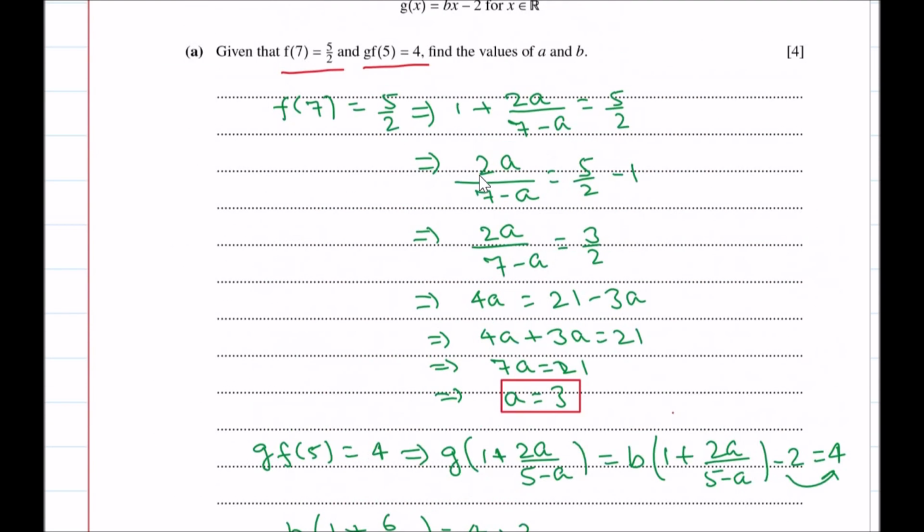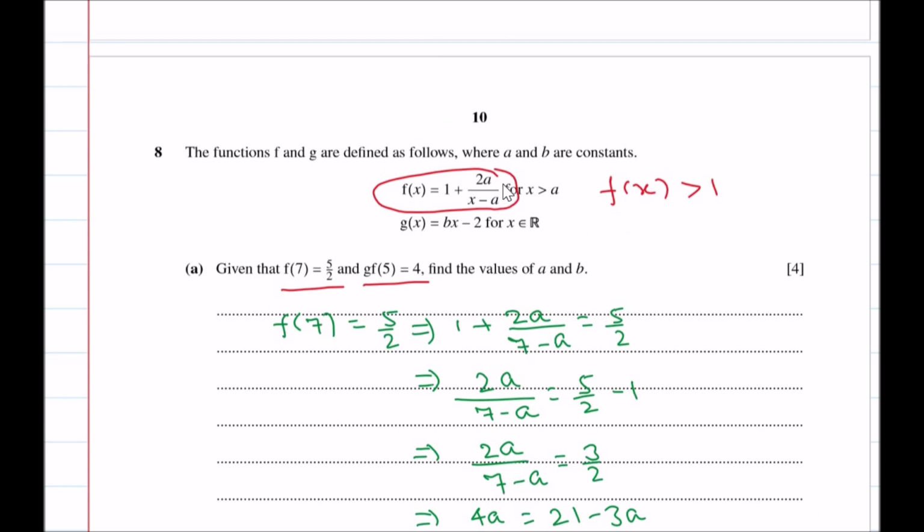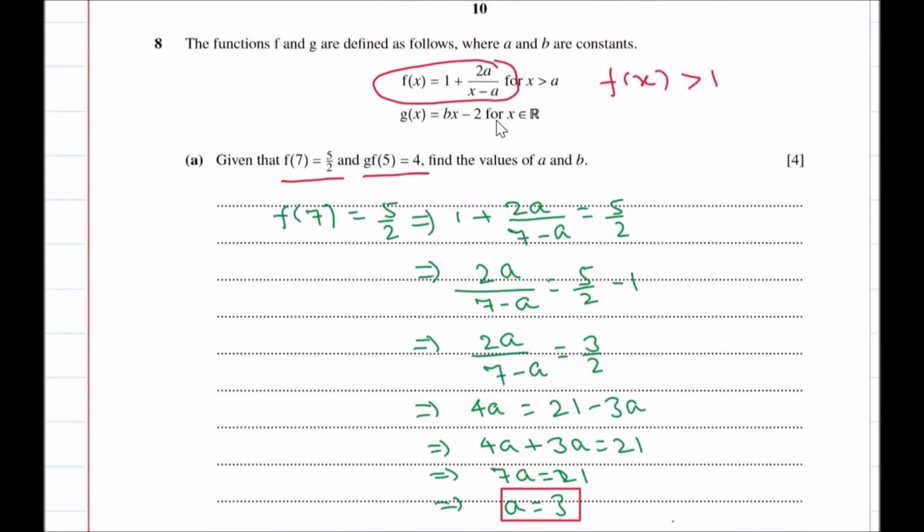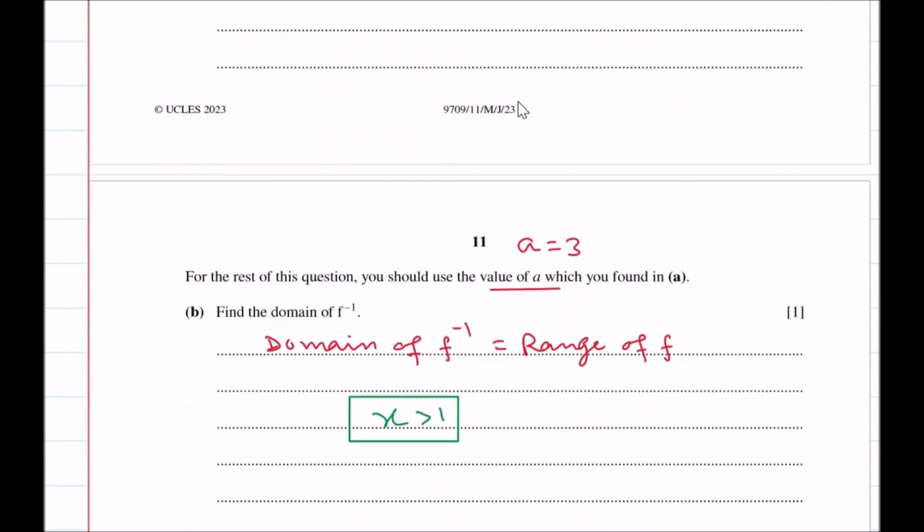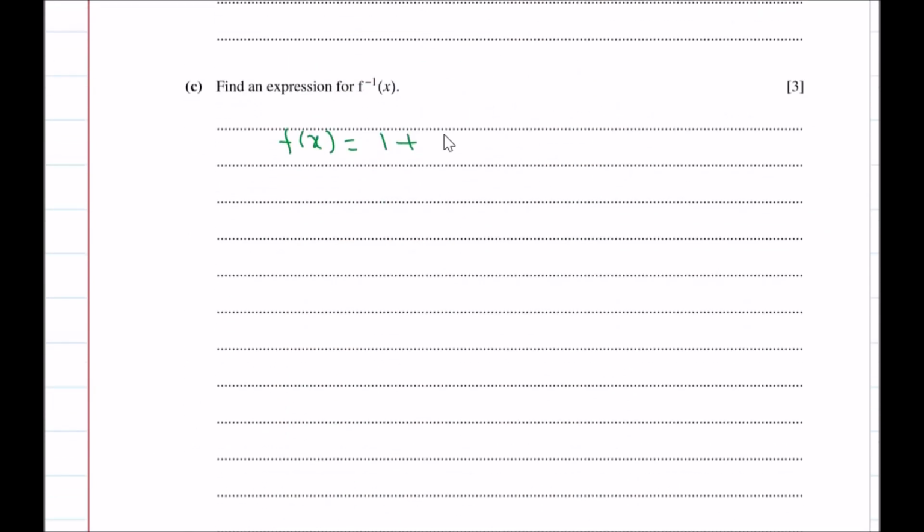We have 1 plus 2a. So 2a means 2 into 3, because the value of a we have got is 3, so that is 6, and a divided by x minus 3. Okay. So we will write here 6 by (x minus 3). So this is our f(x).